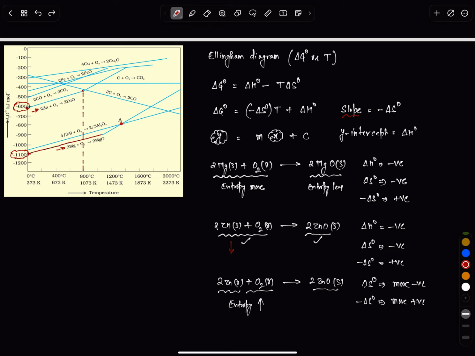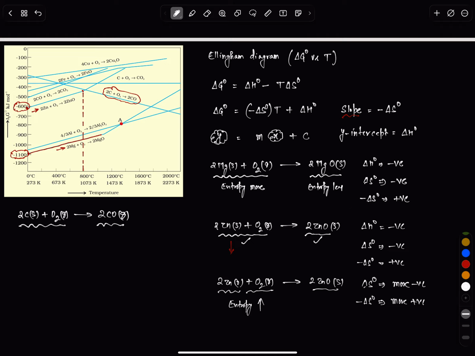Now, one more question can come in your mind, what about this particular reaction? Here, the slope is negative, right? So let's apply the same concept. Here it is 2C solid plus O2 gas giving you 2CO gas. So here if you see, in the reactant side, we have 1 mole of gaseous molecule, oxygen, and here we have 2 moles, right?